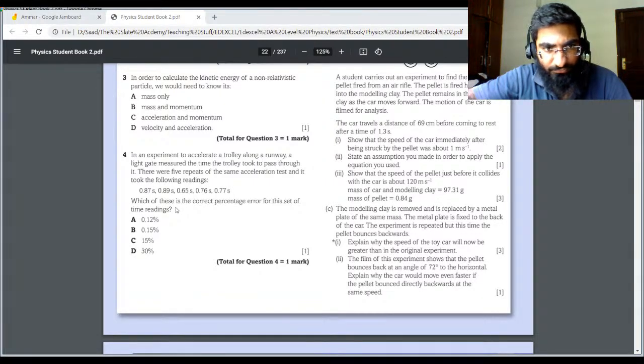0.89 minus 0.65. 0.24 divided by 0.89, into 100.